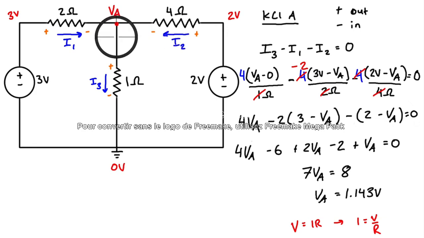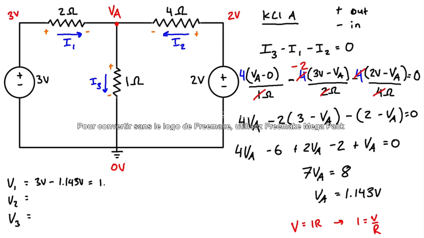So yeah, we found the voltage now of this node, but it's probably also useful or requested of you to find the currents that are flowing through or the voltage drops across these resistors. So let's quickly do that. So we have V1, V2, and V3 for the voltage drops across the resistors corresponding to each of the same currents, 1, 2, and 3. So the voltage drop across the first resistor is 3 volts minus 1.143 volts, and that is just equal to 1.857 volts.